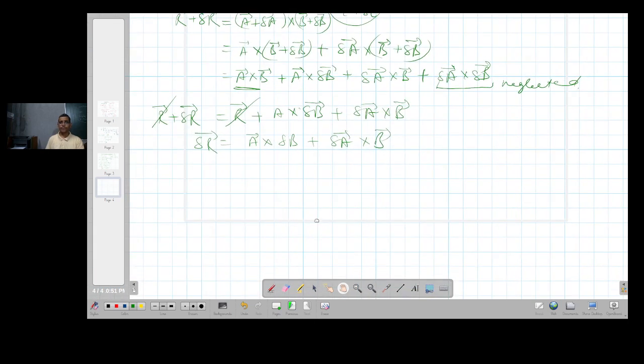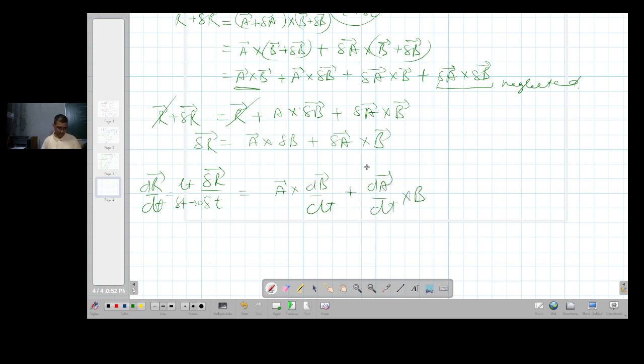So now let us try to find delta R over delta T, where limit delta T approaches 0. It can be written as dR upon dt. As we did in the earlier case, it can be written as A cross dB over dt plus dA over dt cross B. Here the order of vectors must be strictly maintained, so we have to keep this in mind.